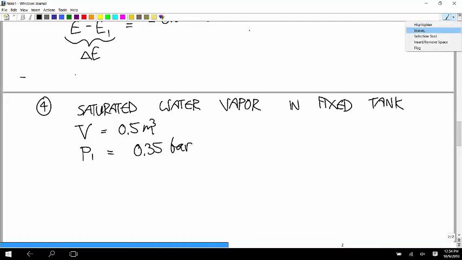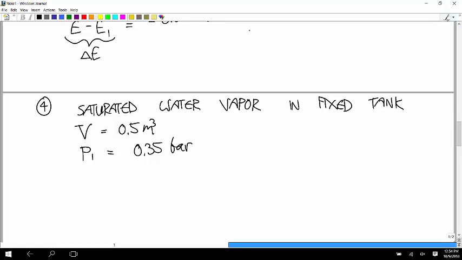Okay, so you can figure out what the temperature is to start, because it says it's saturated to start. And then you add heat to the vapor until the pressure reaches 0.6.